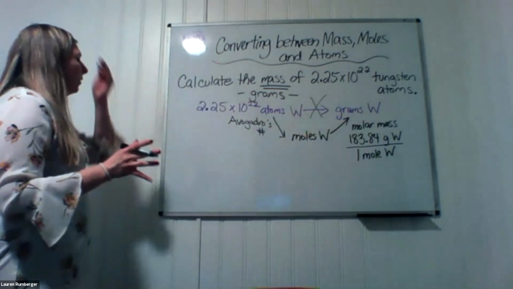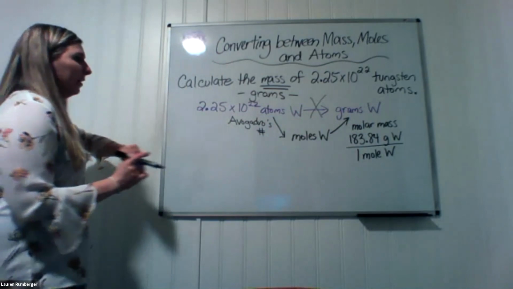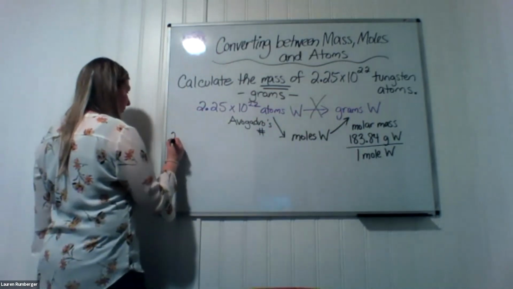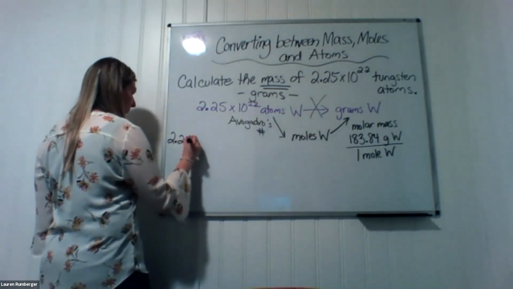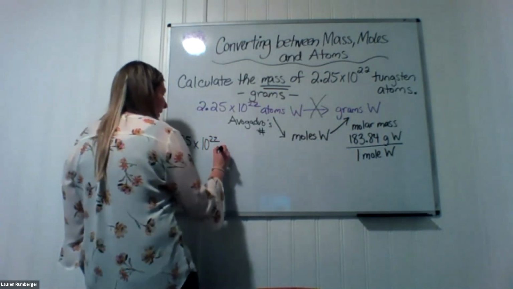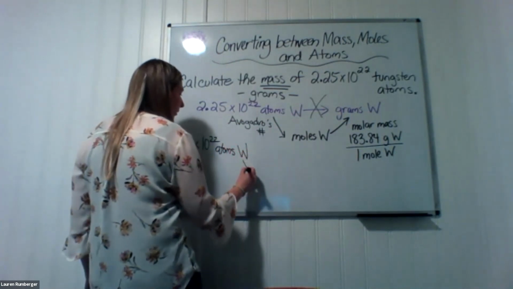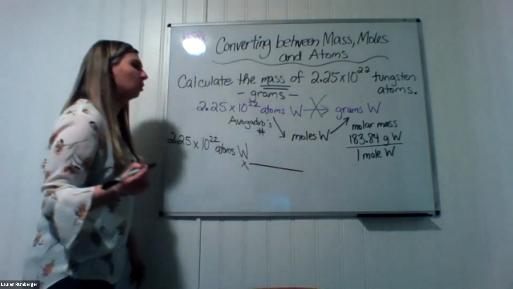All right, so back to our calculation. We'll begin with our given value, 2.25 times 10 to the 22nd atoms of tungsten. We're looking to convert this first to moles.